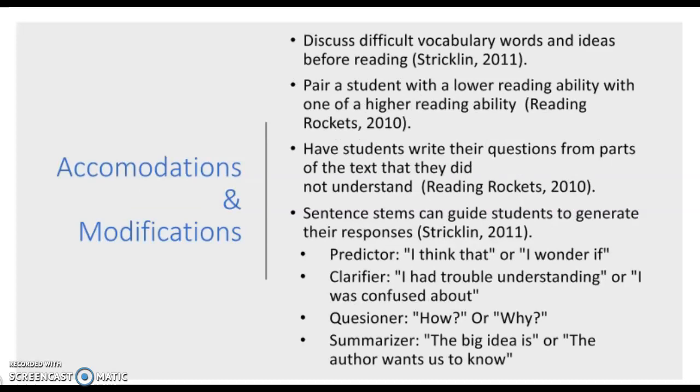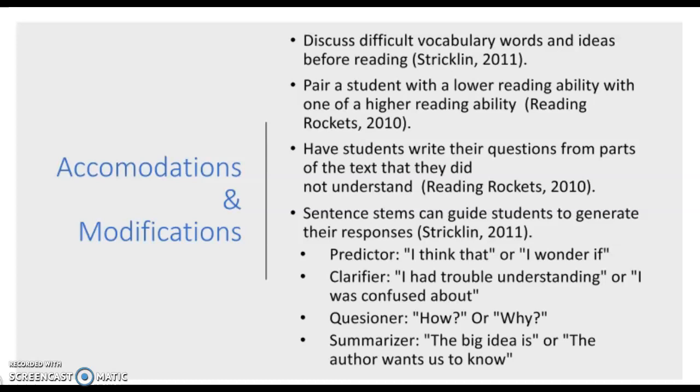Accommodations and modifications. Discuss difficult vocabulary words and ideas before reading. Pair a student with a lower reading ability with one of a higher reading ability. Have students write their own questions from parts of the text that they did not understand.